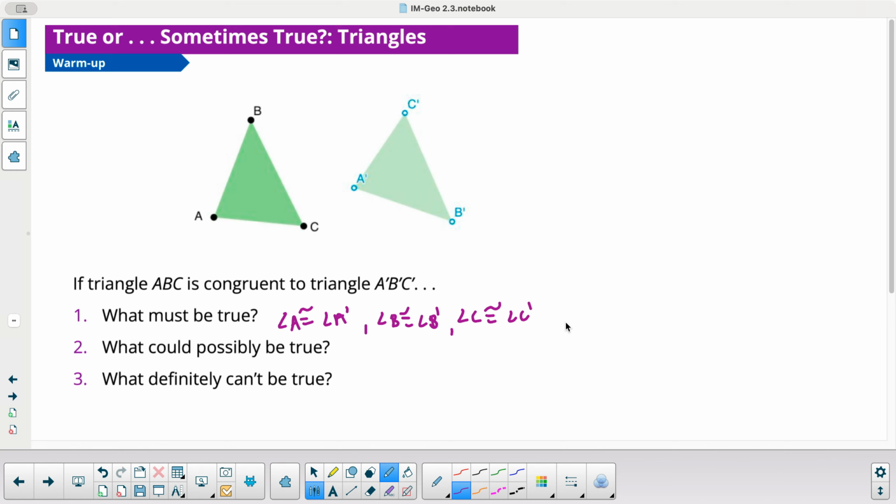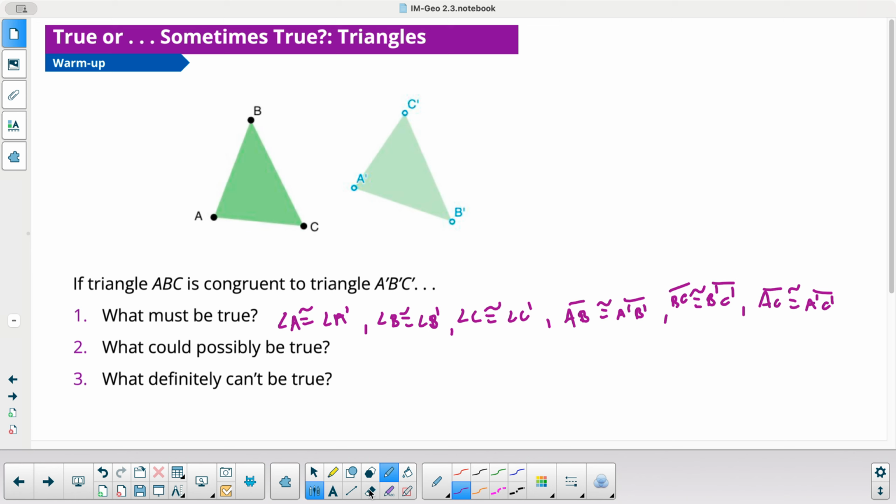And then your sides, you're going to have AB is congruent to A prime, B prime. And then you're going to have BC is congruent to B prime, C prime. And then you're going to have AC is congruent to A prime, C prime.